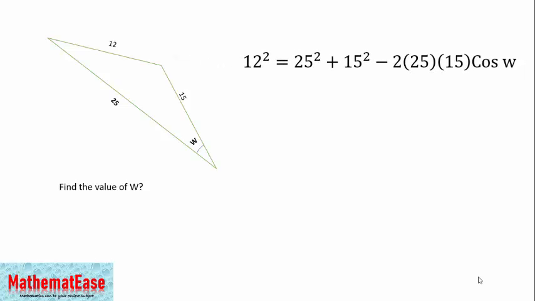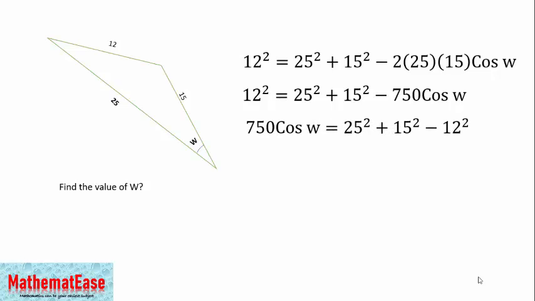Now, since side 12 faces angle W, I can use 12 squared is equal to 25 squared plus 15 squared minus 2 multiplied by 25 multiplied by 15, then multiplied by cos W. If I multiply 2 by 25 and 15, I have 750 cos W. Then I can rearrange by bringing minus 750 cos W to the other side and shifting 12 squared to the left side.